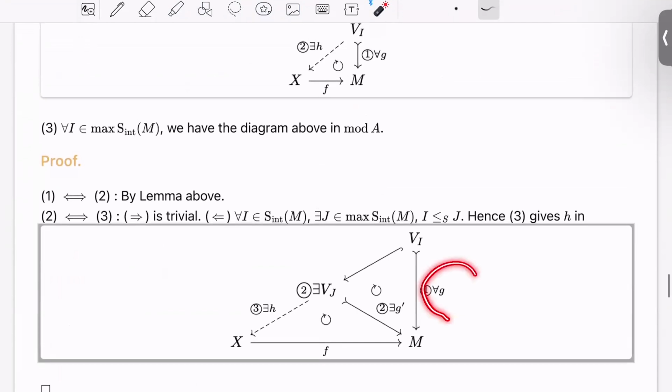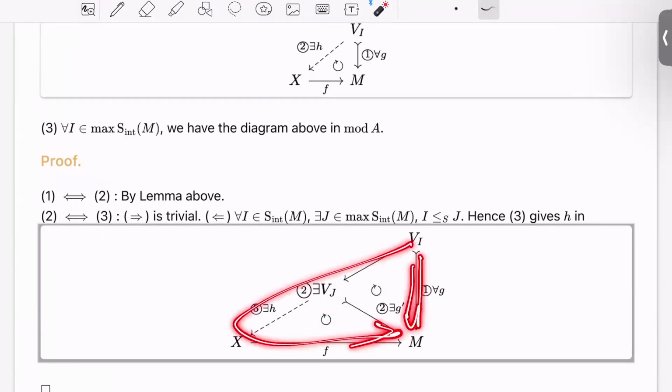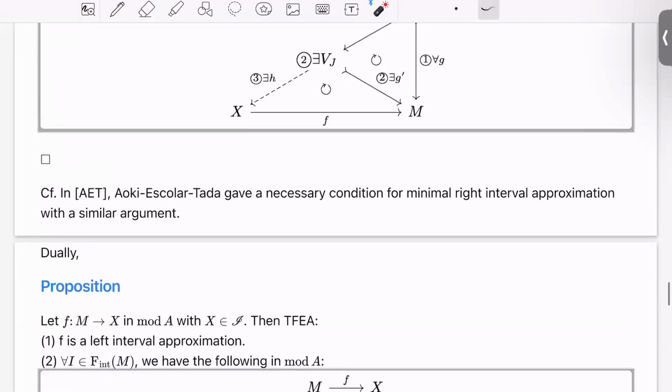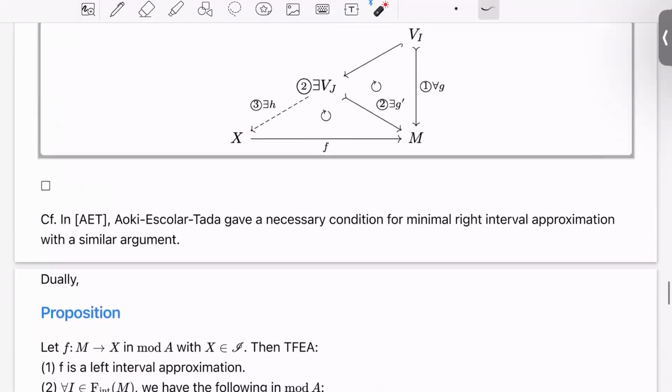Because if we assume 3, then 2 holds: for any monomorphism g, there is something which extends to here, and then by condition 3, it factors through f. So then we have this is equal to this.